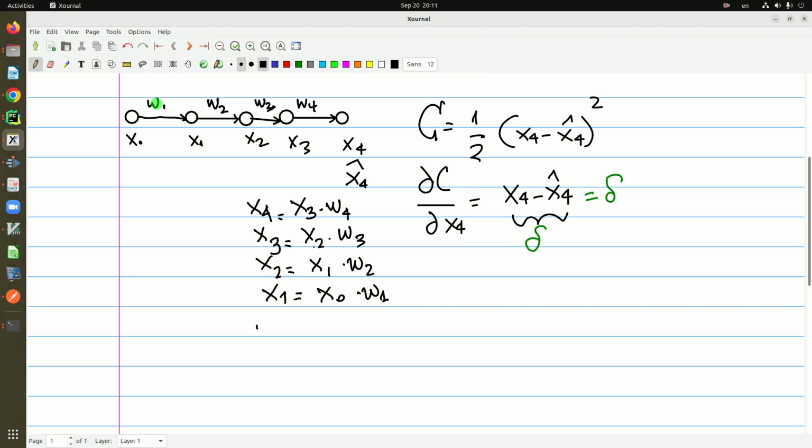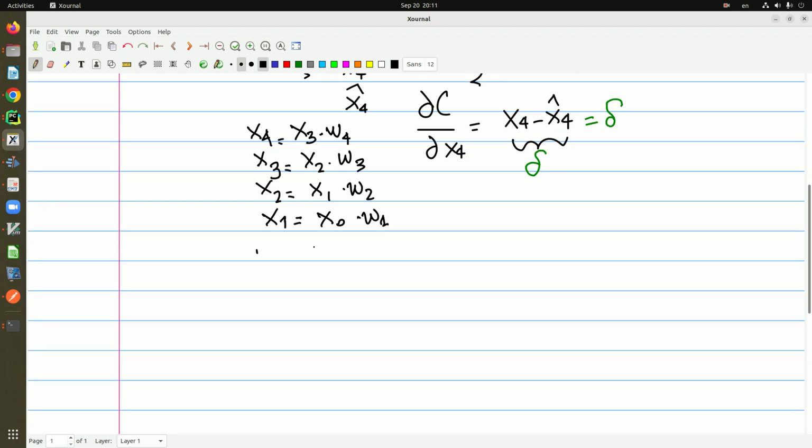To do so, we're going to use the chain rule. What does the chain rule tell us? That if we have a function, the partial derivative of y over z times the partial derivative of z over x is the partial derivative of y over x.